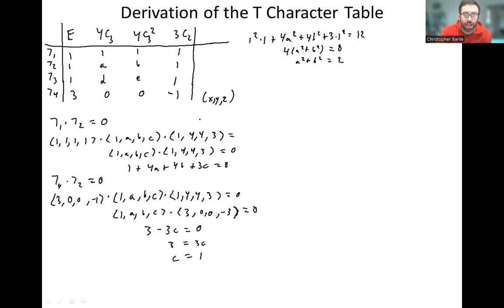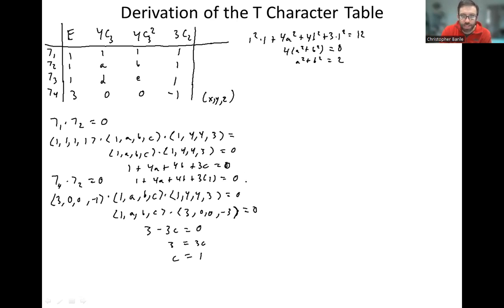So at this point, let's go back to our equation that we derived. We're just puzzling through equations. And we saw that this whole thing equals 0. But now we know what the value of c is, so we can plug in c. So we get 1 plus 4a plus 4b plus 3 times 1 equals 0.